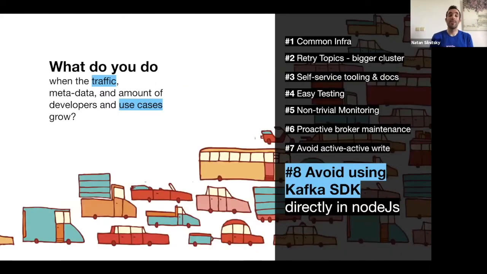Great. So the next lesson is number 8, and it's about having a lot of traffic on multiple kinds of languages. So we have not only Scala services at Wix, we also have Node.js services, like I mentioned at the beginning. And the lesson here is to avoid using the Kafka SDK directly in Node.js.